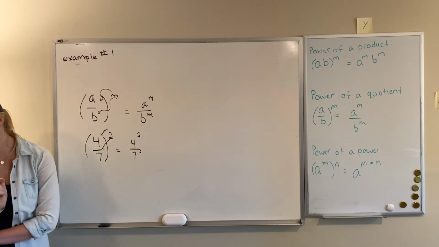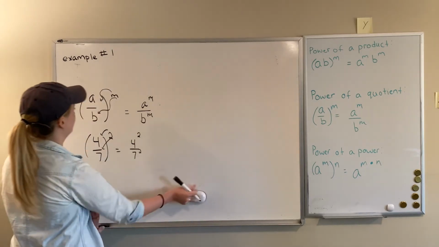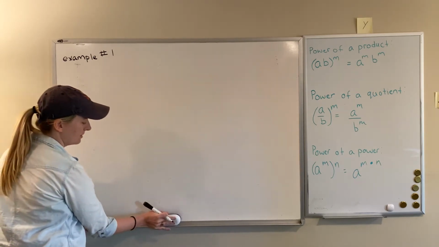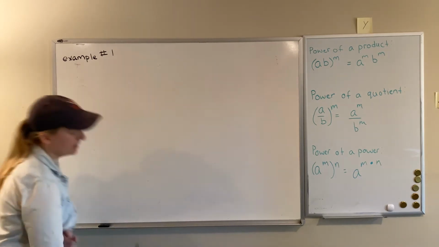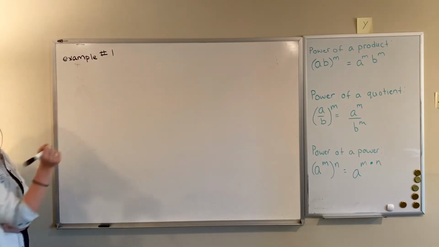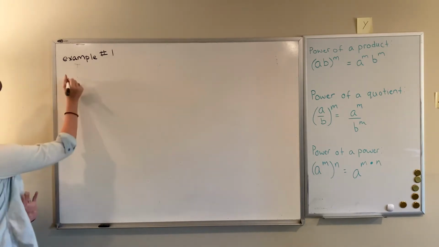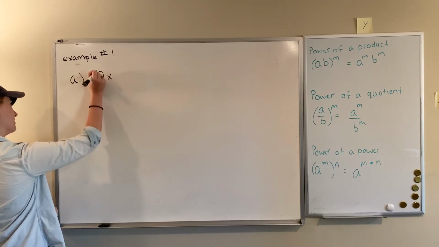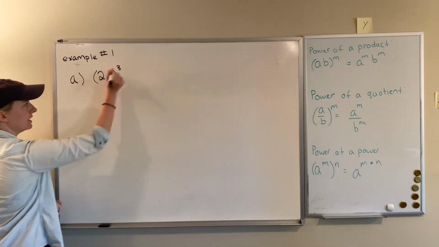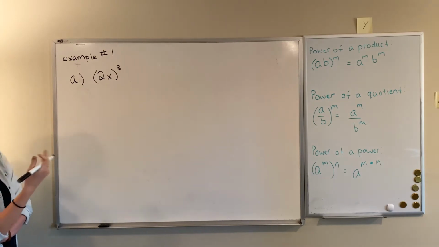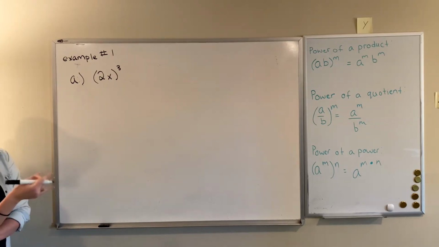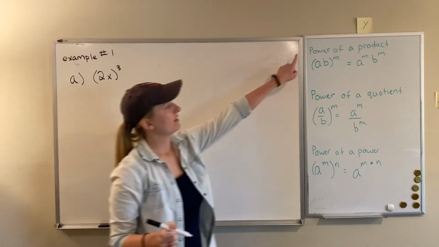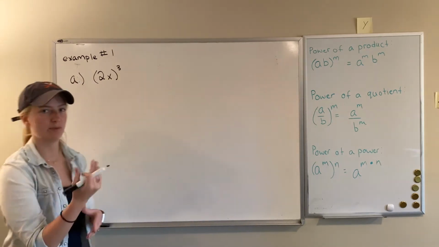Alright, let's look at example 1. We have 2x being cubed. First we need to ask ourselves, what rule is this? Because it's multiplication with terms on the inside, we have the power of a product, so ab to the power of m.